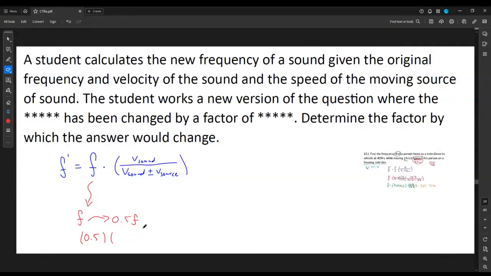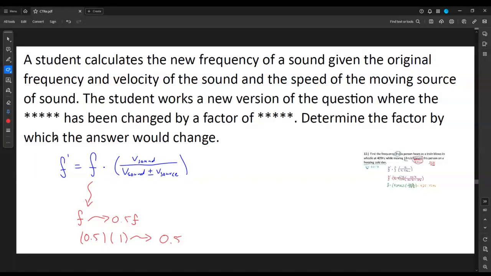So if none of these velocities have changed, then this giant fraction, whatever this group is together, would be stacked over itself, and then everything from there would cancel. So this would be a ratio of what? So the frequency on its own is going to change predictably. Whatever factor you multiply it by, it's going to change the answer by that factor.